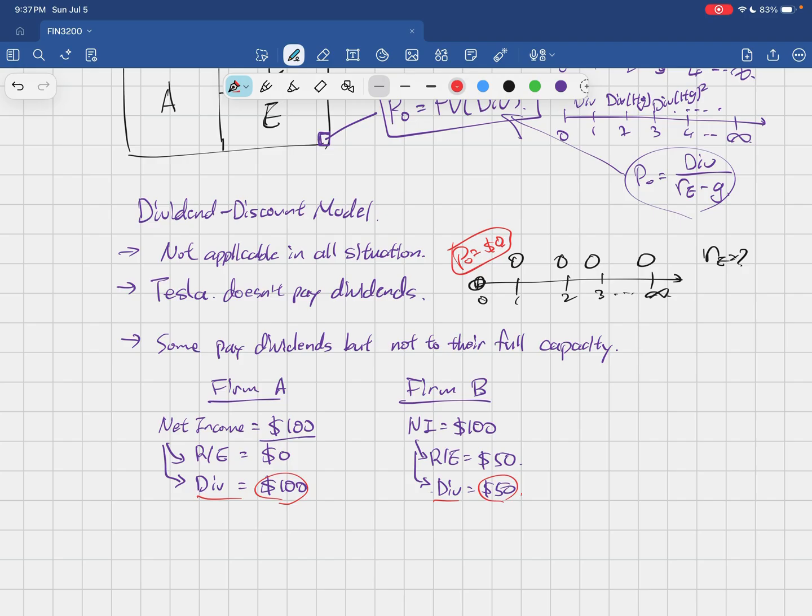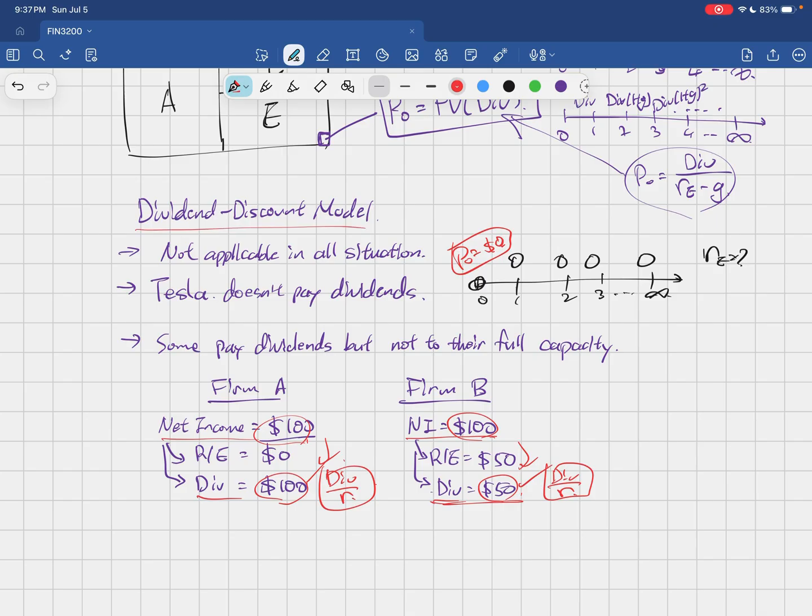If we do dividend over R, assuming a regular perpetuity, firm B's value will be half of that of firm A. That's not really accurate because they're the same company, same profitability, same revenue. The only thing that's different is their payout policy. So in these cases, using the dividend discount model could be misleading.